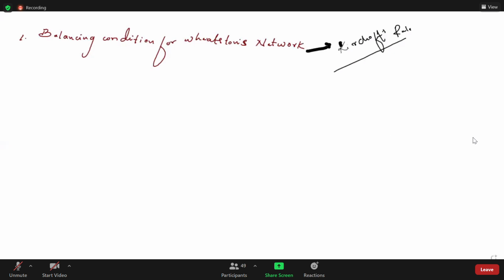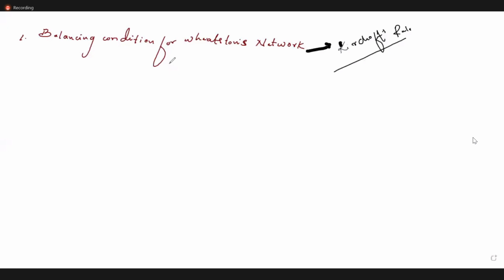Take any junction: currents I1 and I2 are entering, and two more currents, I3 and I4, are leaving. According to the Kirchhoff junction rule, the sum of the currents entering the junction equals the sum of the currents leaving it. So I1 plus I2 equals I3 plus I4.